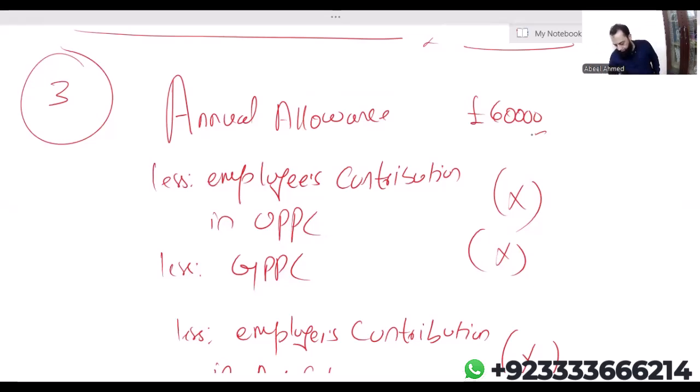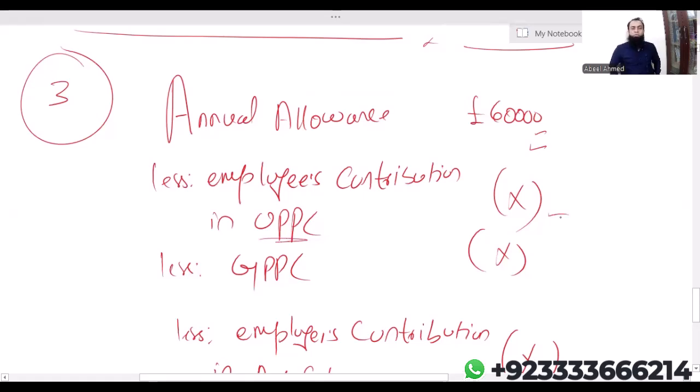Let's see how this annual allowance limit is utilized. The annual allowance limit is 60,000 less the employee's contribution in an occupational pension plan.